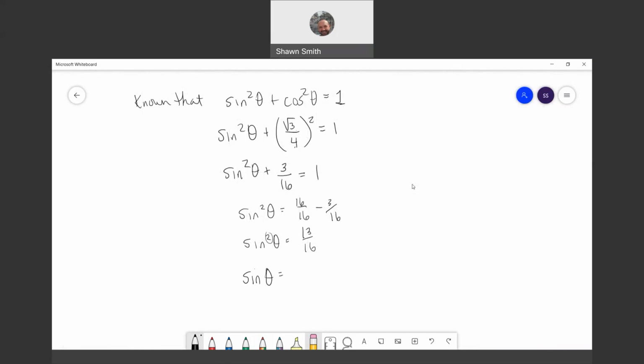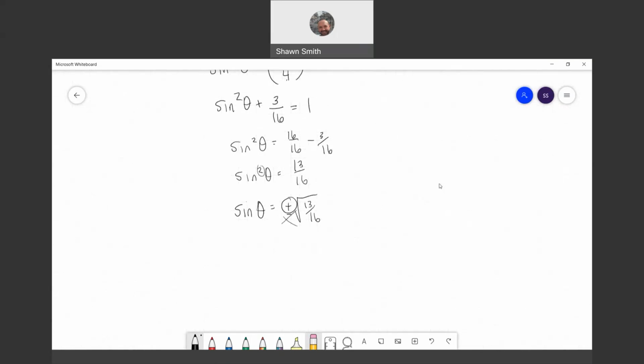Sine of theta is technically the plus or minus of the square root of 13/16, right? But we already said we want sine to be positive, so we throw away the negative. And we simplify that down a little bit. So the sine of theta, using these identities, is found to be the square root of 13 over the square root of 16, which is 4.